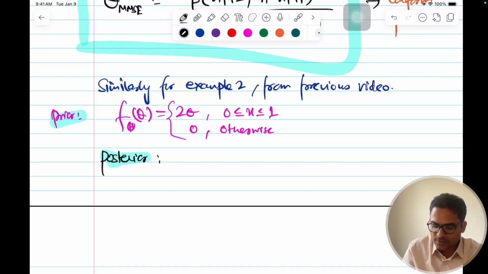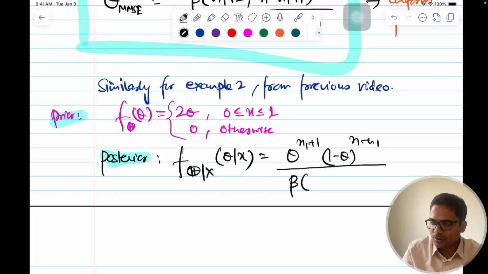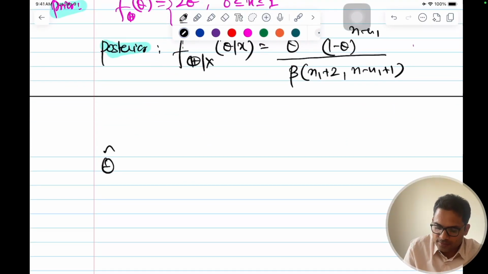I'll just refer to the last class. f of theta given x is equal to theta to the power n1 plus 1 and 1 minus theta to the power n minus n1, and the denominator was a beta function of n1 plus 2 comma n minus n1 plus 1. So the posterior is already there. Right, so after this I have to calculate my theta predicted MMSE.